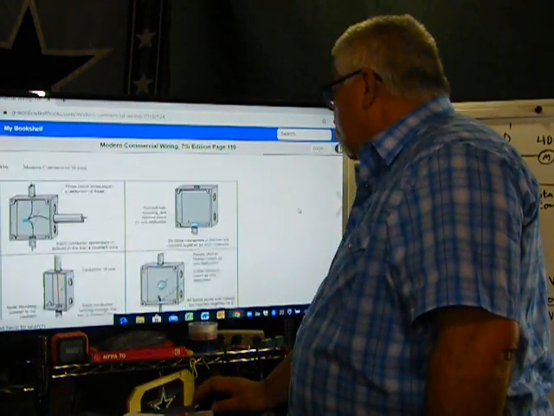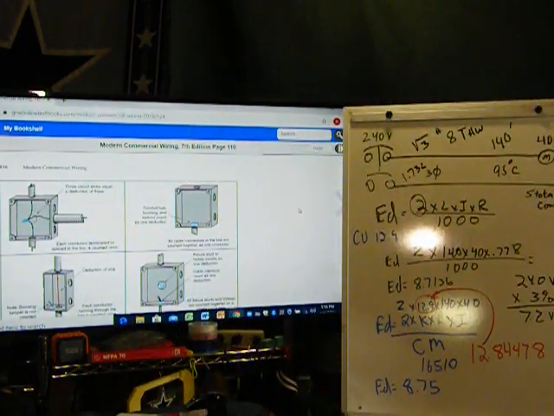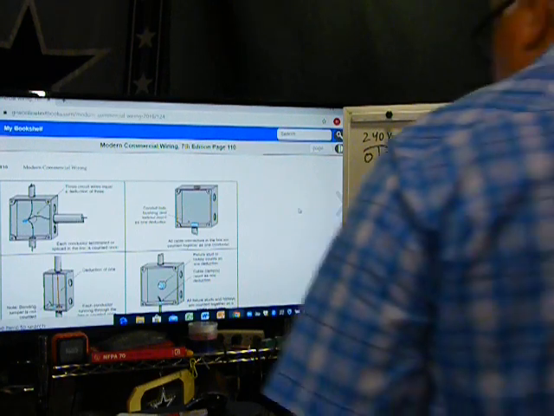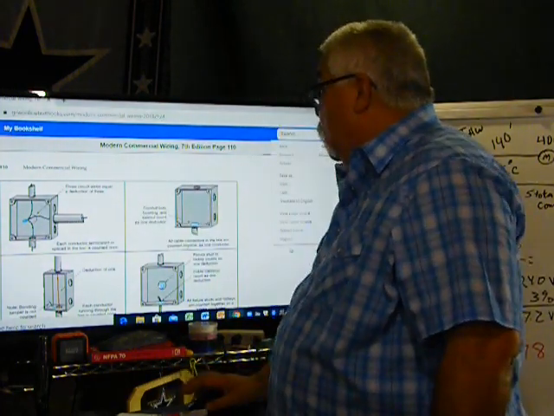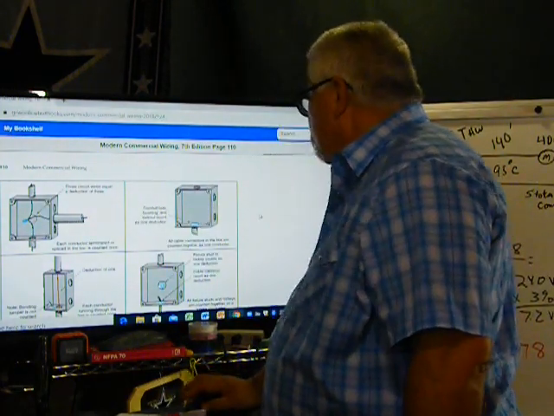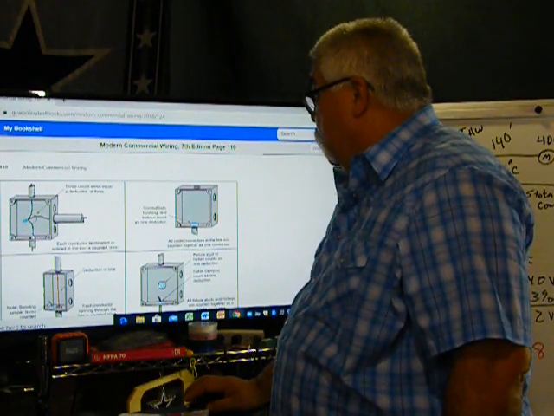So here's how do you count the wires. How do you count the wires? If a wire enters a box, you get counted. So here I got a wire coming here, a wire here, and a wire here. That's 3.